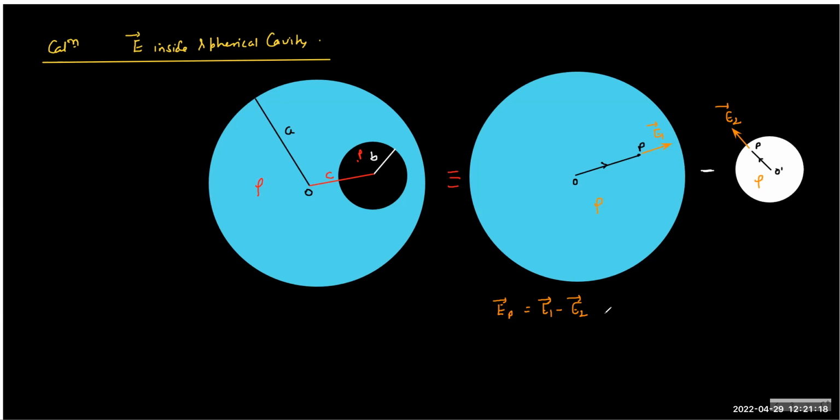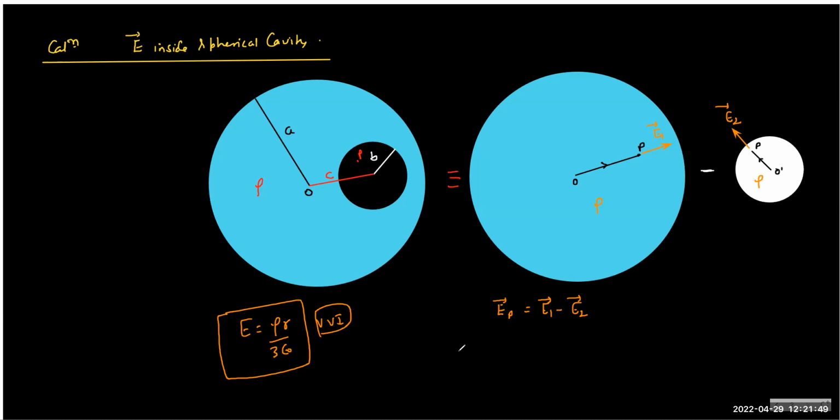So now how are we going to write it? These are full, complete spheres individually, and the point P is within the sphere, and we know the formula for the electric field due to a uniform sphere. The formula for the uniform sphere is rho r by 3 epsilon naught. This is a very important formula which we must remember.